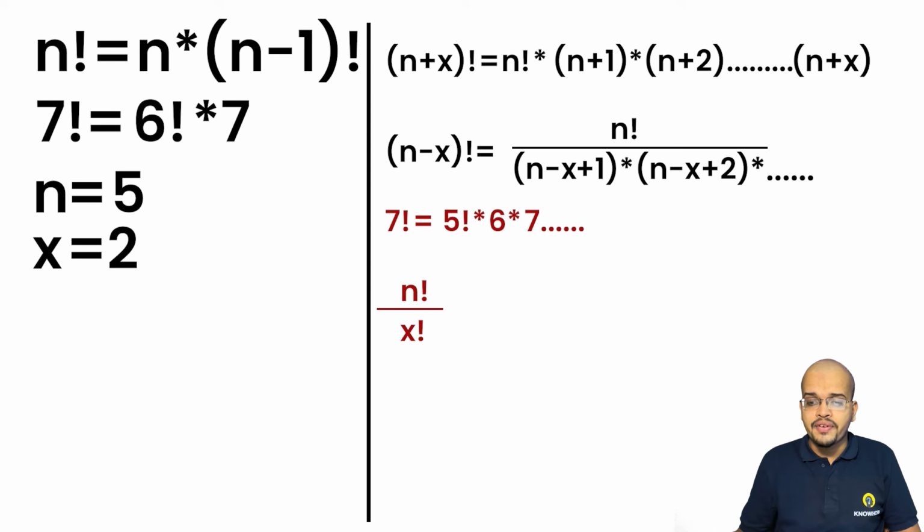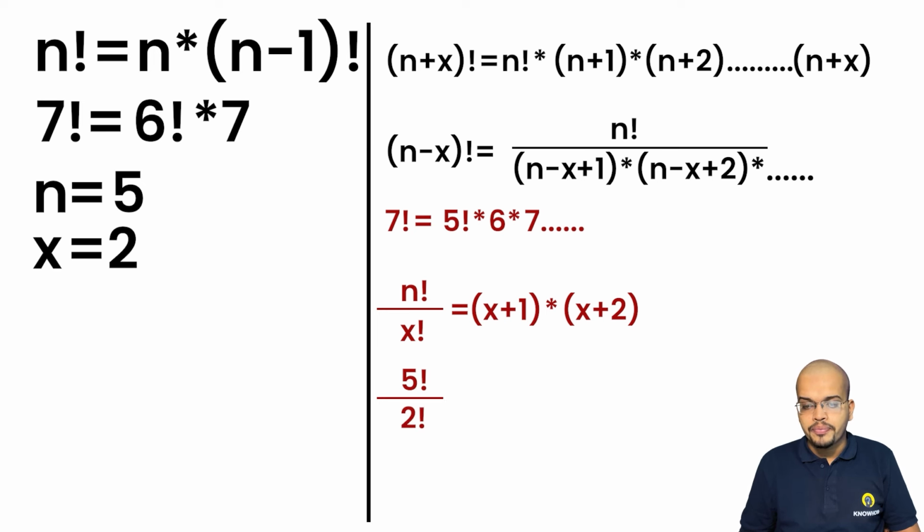So when n is greater than x, n factorial divided by x factorial, the answer will be x plus 1 into x plus 2, like this till n. If I take the same example here, n is 5, x is 2, right? So 5 factorial divided by 2 factorial.